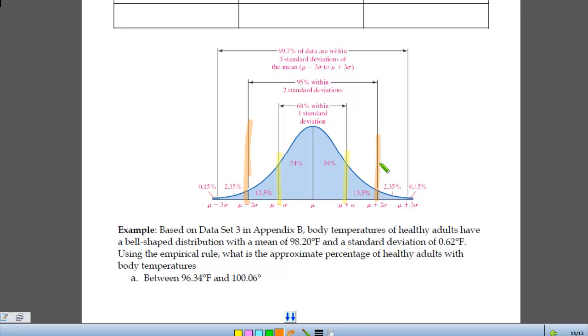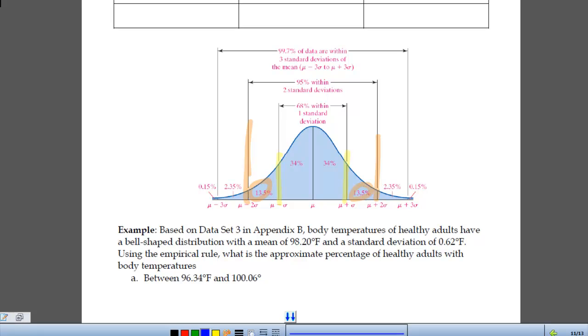Well, they split the 95% in half, and then from half of 95%, they subtracted 34% to say that, okay, this is the additional amount that we have in this little section. Okay, I don't expect you to remember all those numbers. I expect you more or less to remember the property, and how you could get to the numbers.